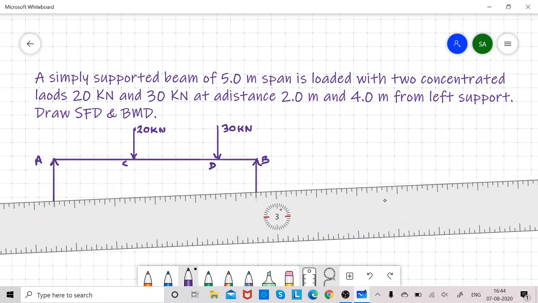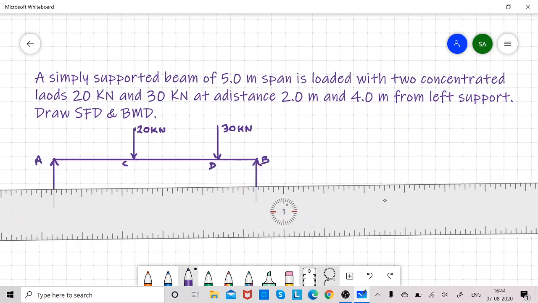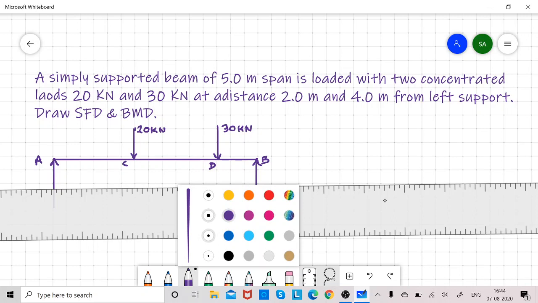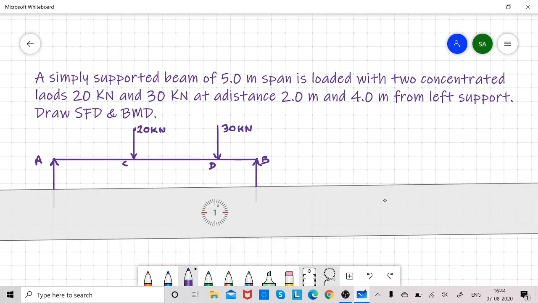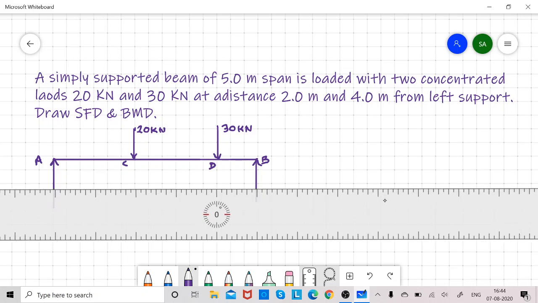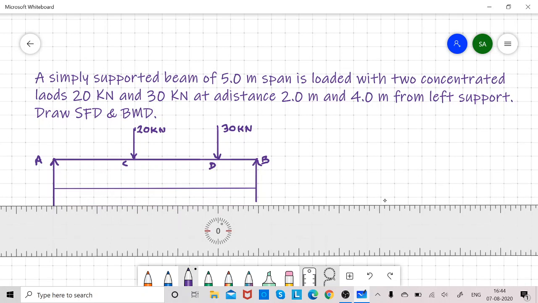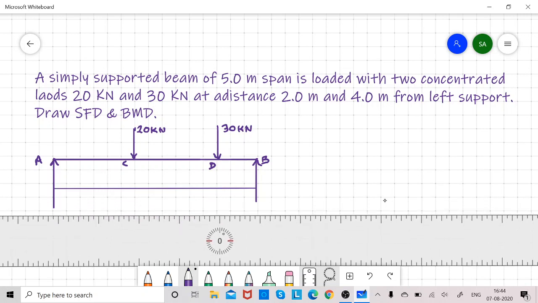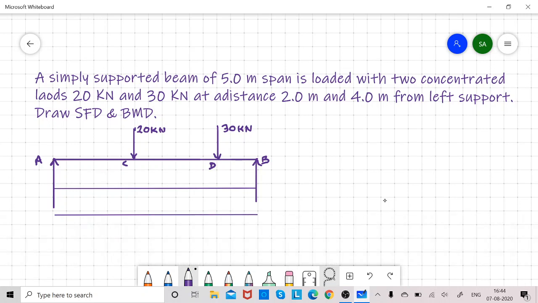So the distances of the load: the total span is 5 meter.